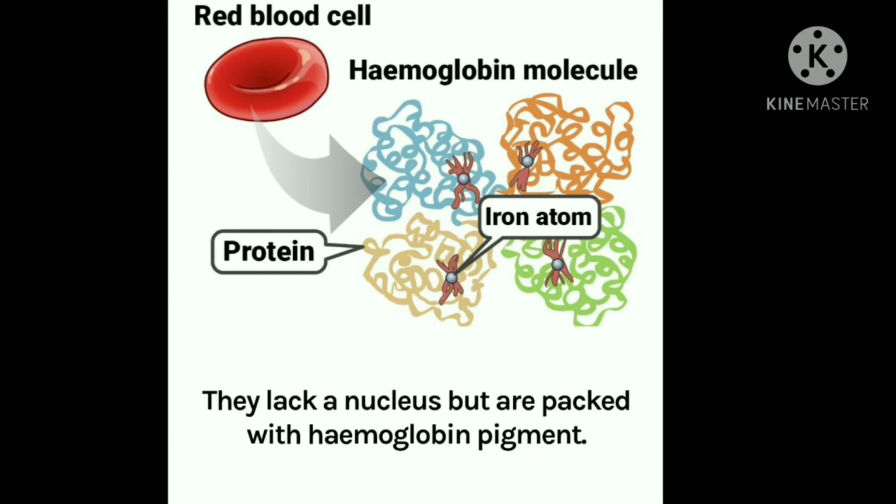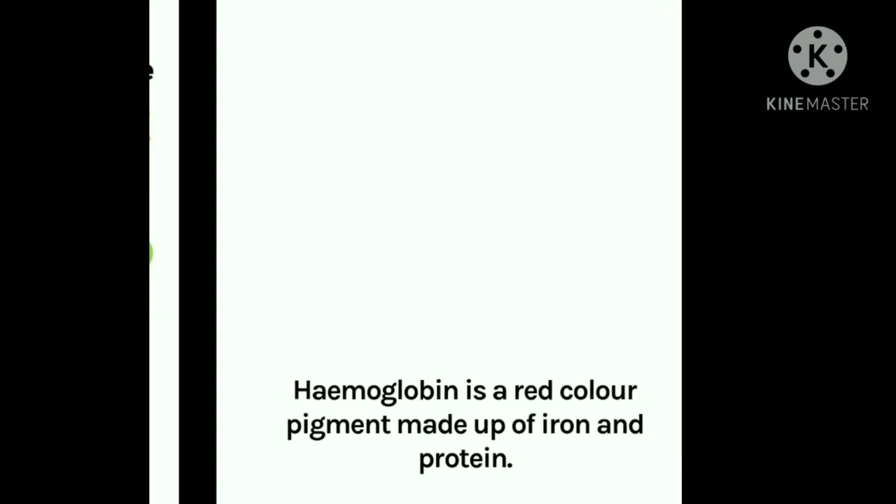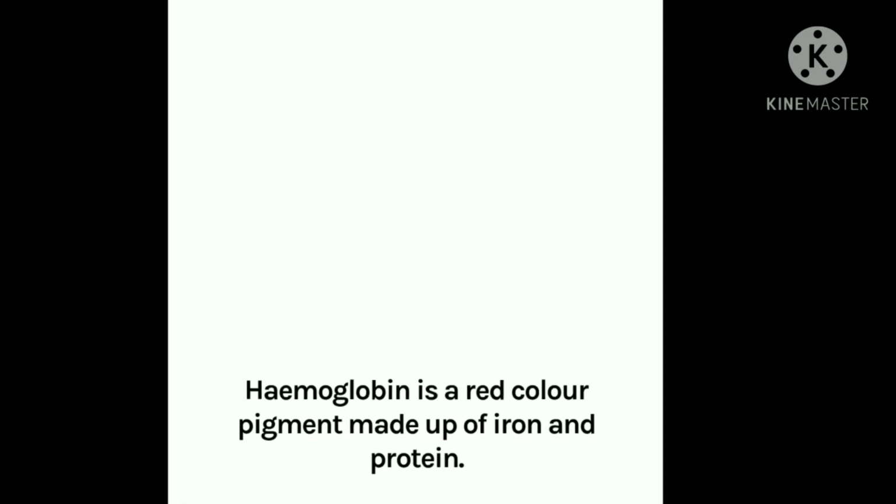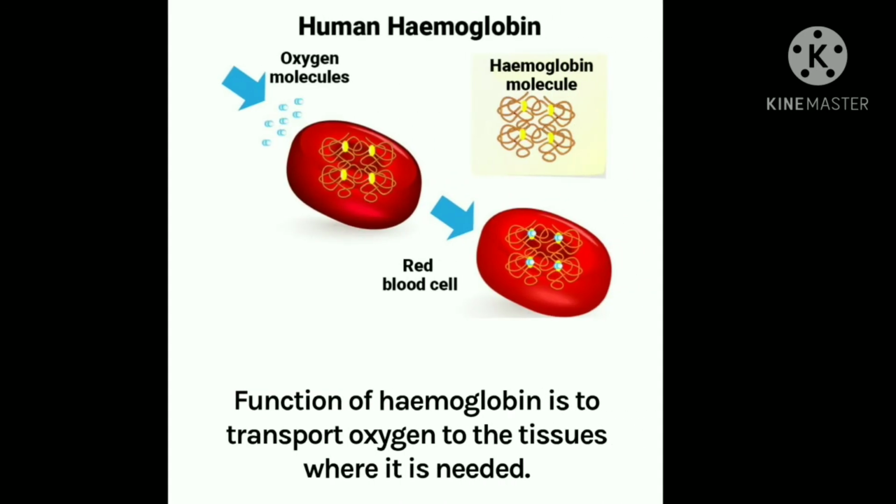Just see, the red blood cell contains protein and iron atoms. They lack a nucleus but are packed with the hemoglobin pigment. As you are aware, hemoglobin is needed because it carries or absorbs oxygen, which is important in cellular respiration. Hemoglobin is the red color pigment made up of iron and protein.